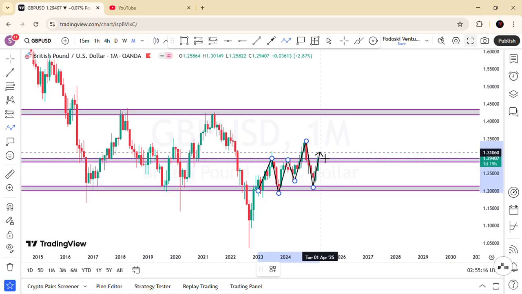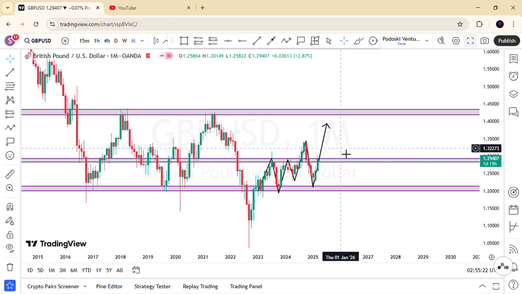So on the monthly time frame, we should be expecting a new higher high because price is in an uptrend.